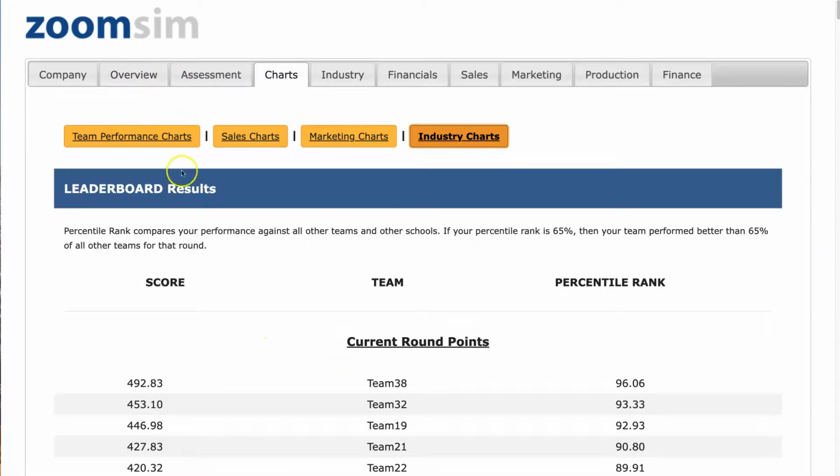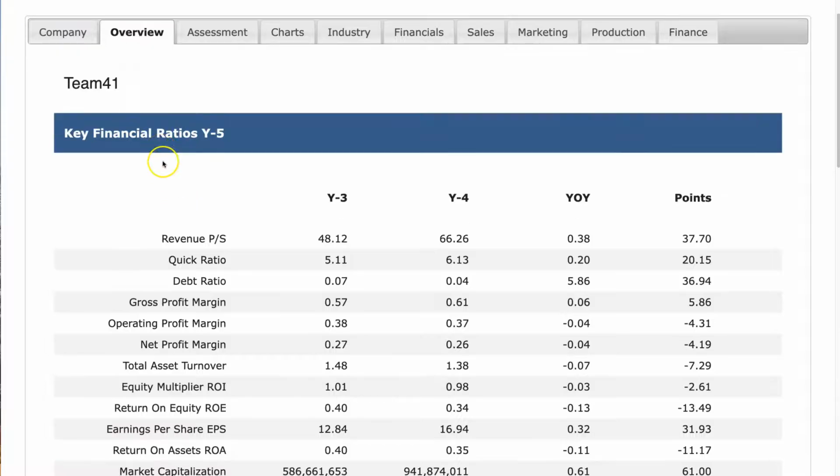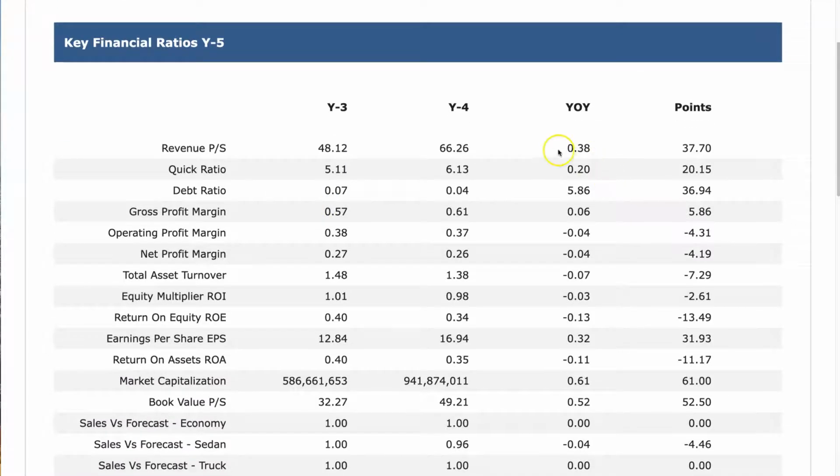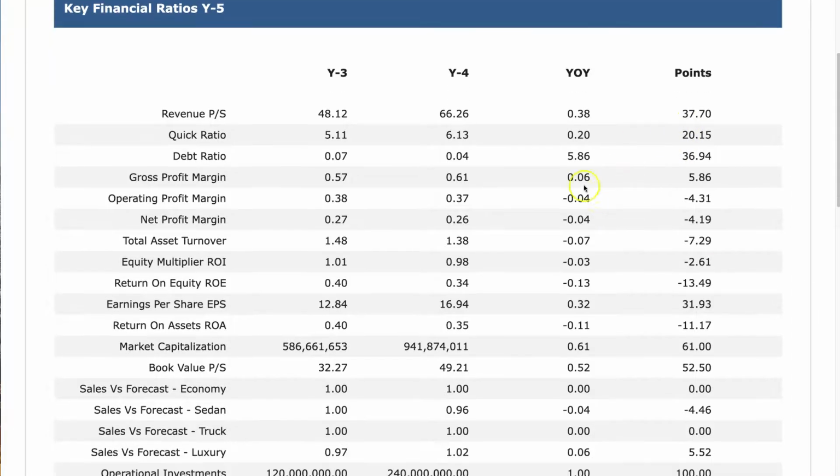So if I go into the game, you should look at the overview first. And for year 5, you see that I was able to increase revenues by 38%. I did better on my quick and debt ratios because I paid down some debt, and that helps improve those scores. At the end on the finance page, I retired some debt. My profit margins went up 6%, which I was trying to get.